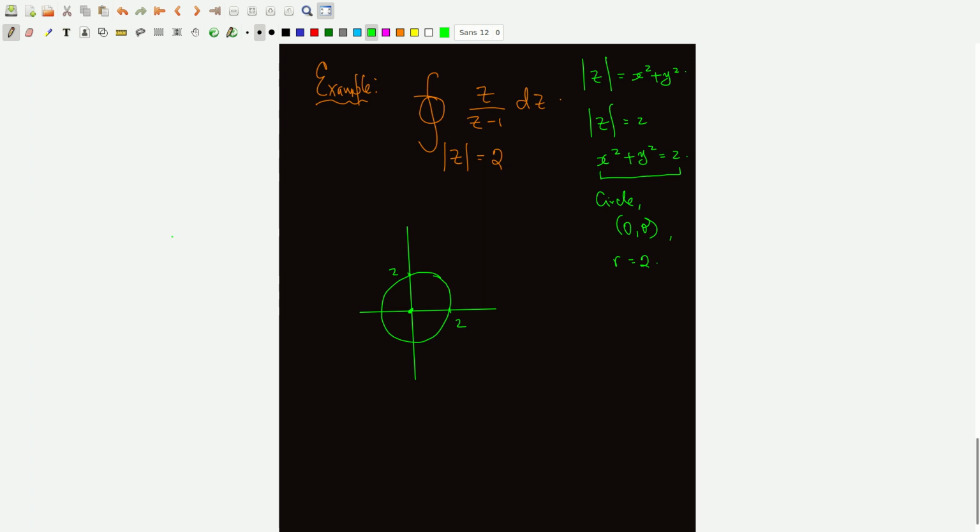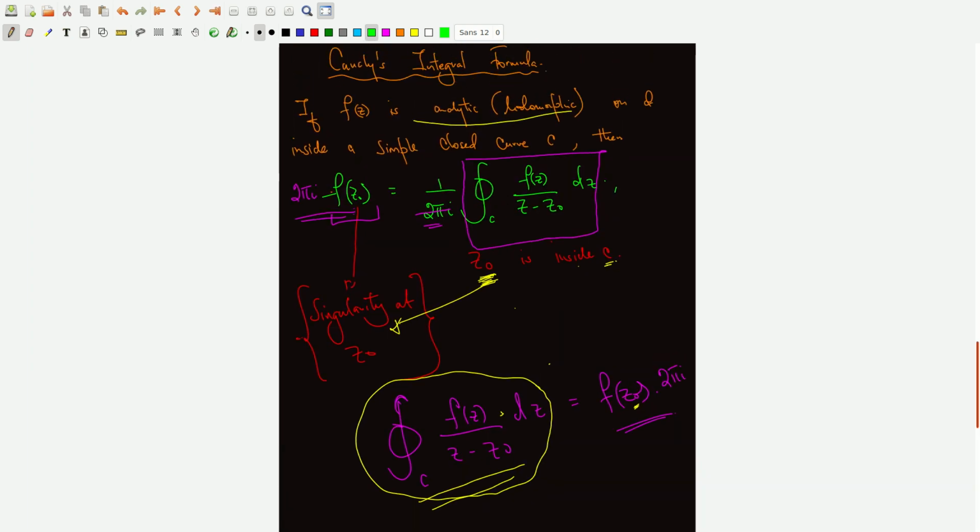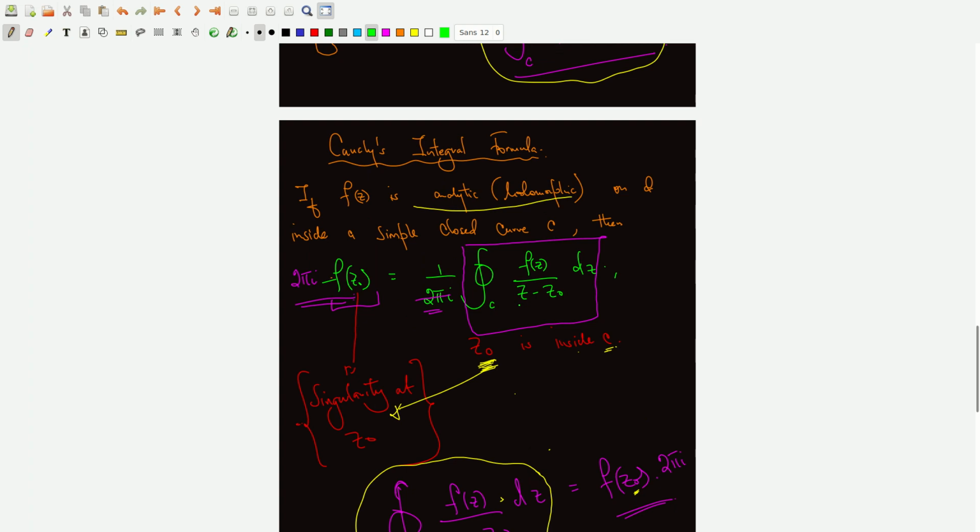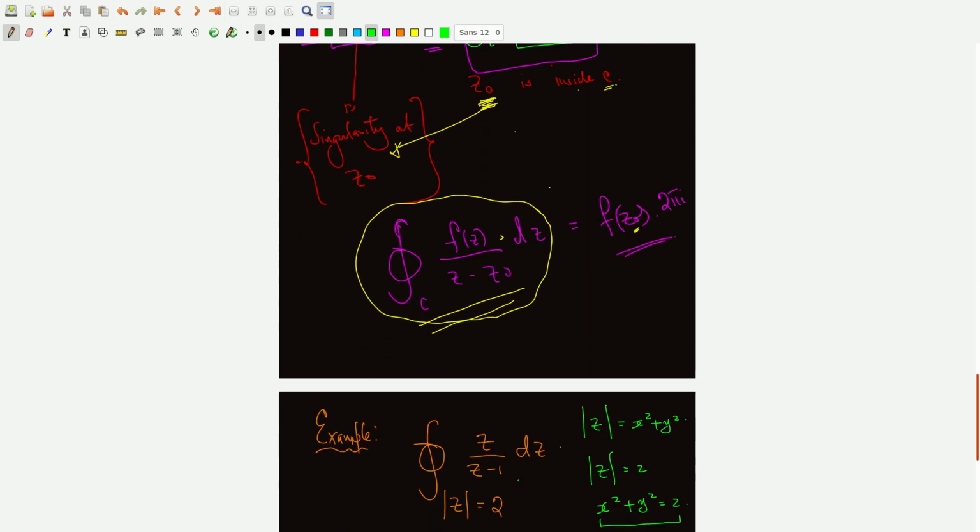So we want to evaluate this here. We know that we have a singular point here. If it is written in the expression z minus z naught, then z naught is our singular point.